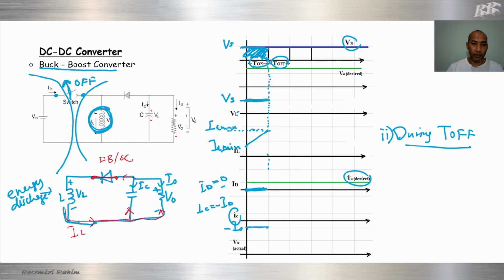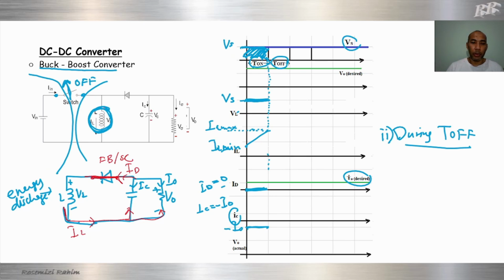This is ID, the diode current, and IC. The energy from the inductor will supply current to the output and also to the capacitor, so it is a complete circuit.